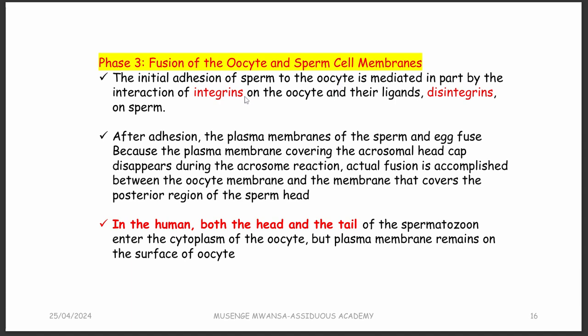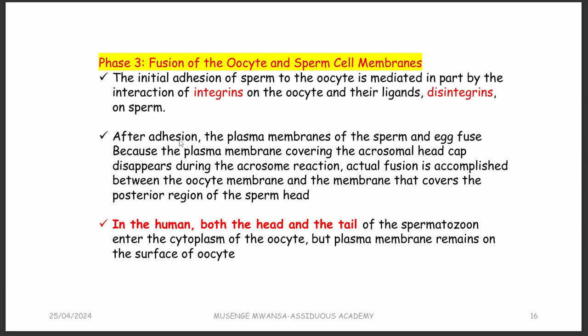What is going to make sure that happens is the integrins on the oocyte and their ligands, the disintegrins on the sperm. Just take note, where are integrins found? On the oocyte. The disintegrins are on the sperm. And what is this doing? It is aiding in the initial adhesion, or the binding of the sperm to the oocyte.